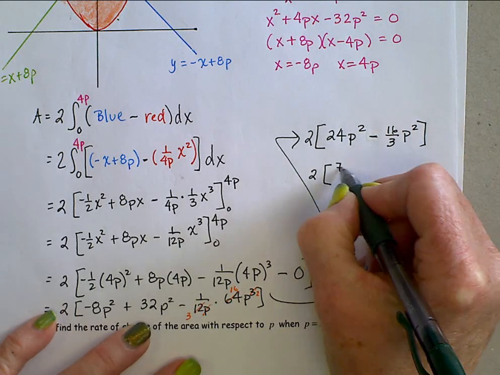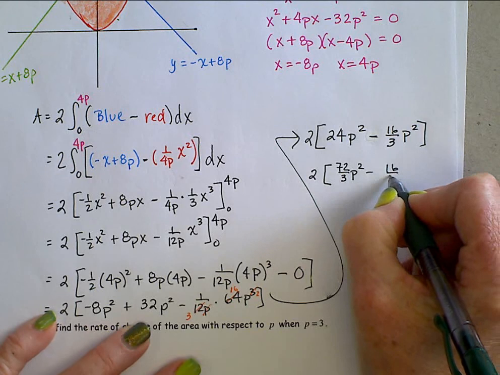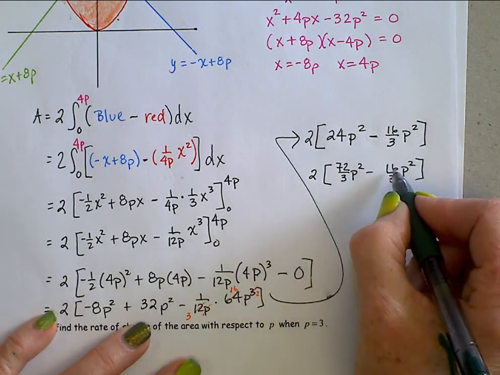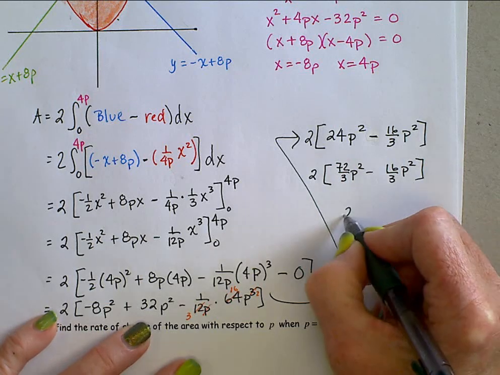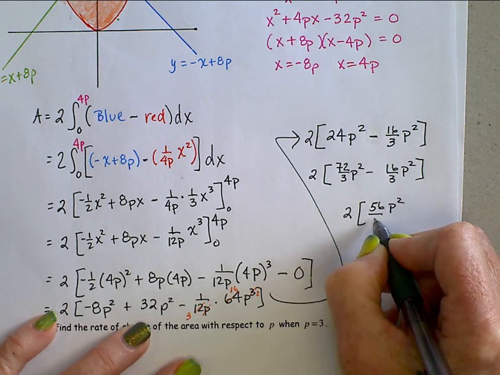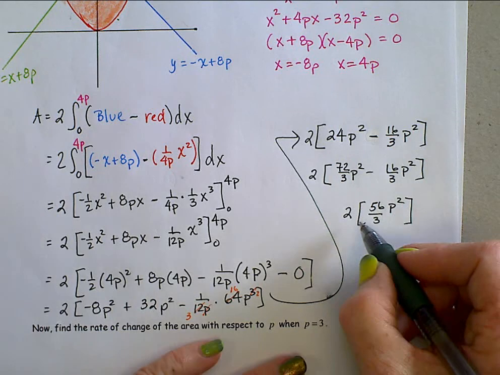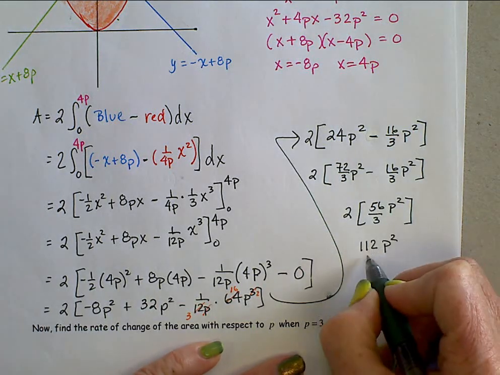So 72/3 p squared minus 16/3 p squared. And 72 minus 16 is 56. That'll give us 112 p squared over 3.